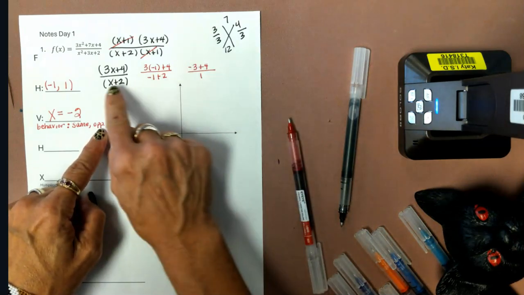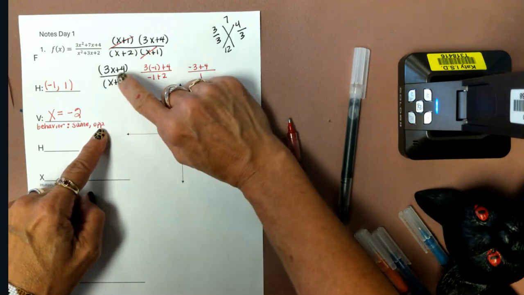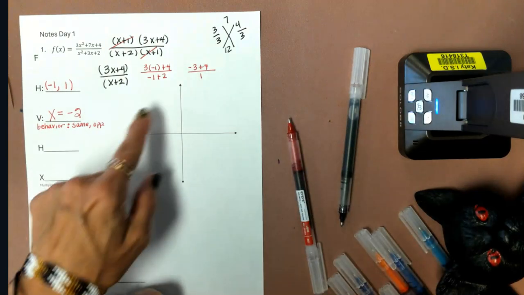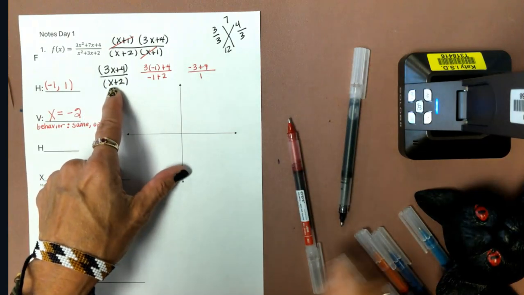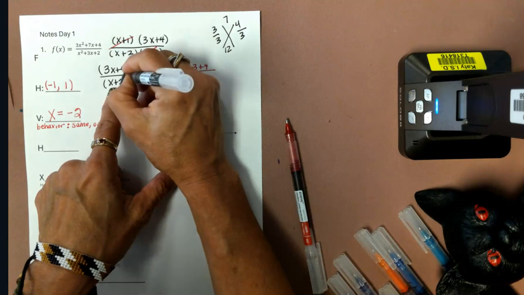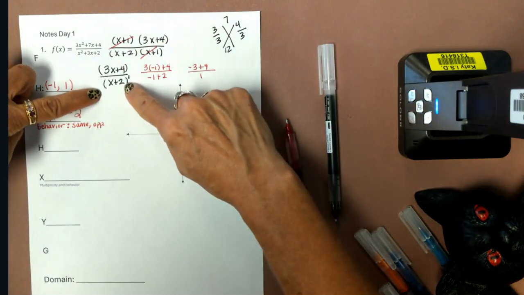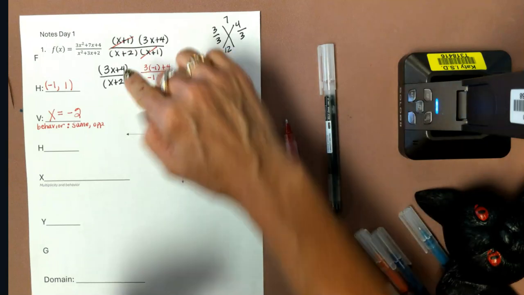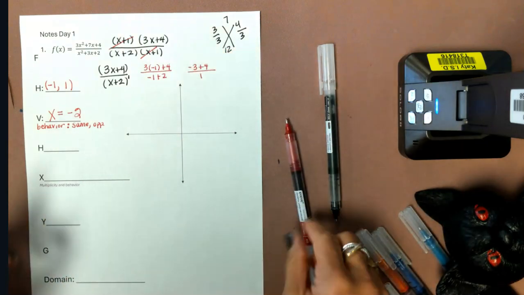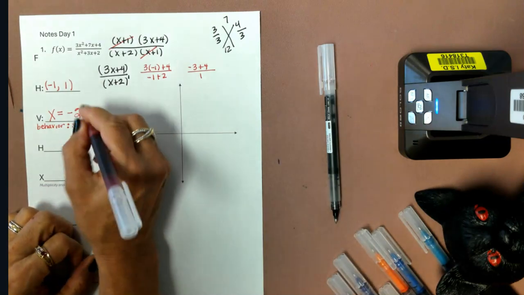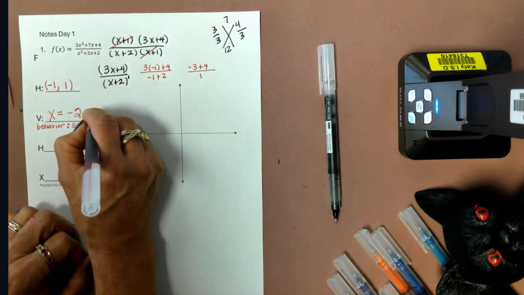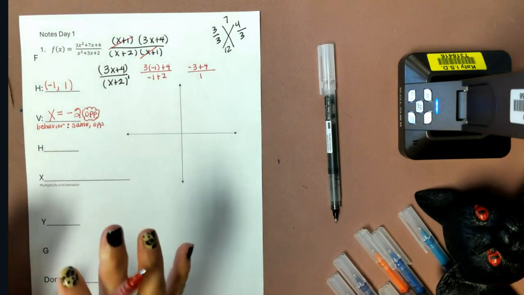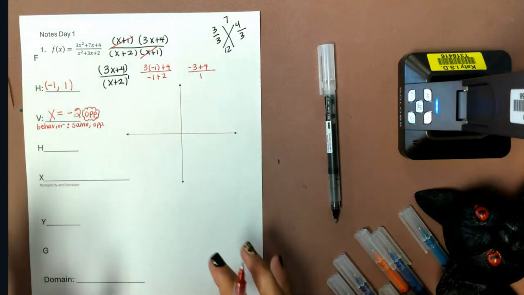So if I look at just this little baby expression down here where I found the restriction, notice that this exponent is understood to be a 1. So this piece, just the denominator, has an exponent of 1. 1 is odd. So this vertical asymptote is going to have opposite behavior. And I'm always going to make a note of that because when I go to graph it, I don't have to search through my work.